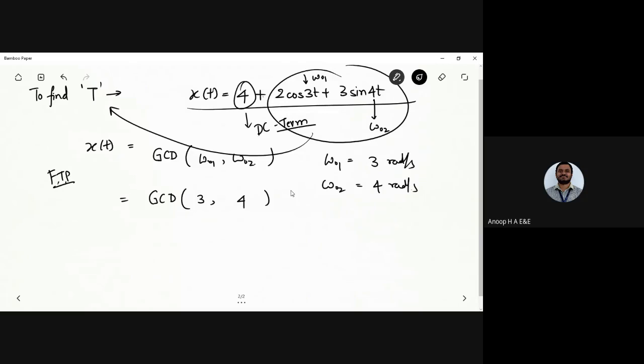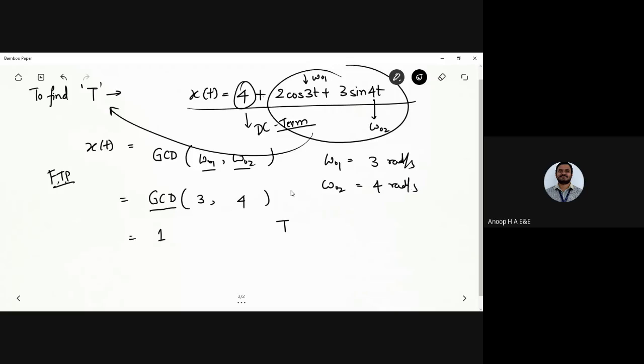Now the GCD is nothing but the greatest common divisor. Don't get it confused. So we are taking the GCD of the angular frequencies, that is 3 and 4. So GCD is said to be 1.